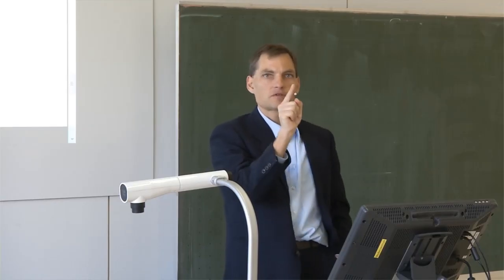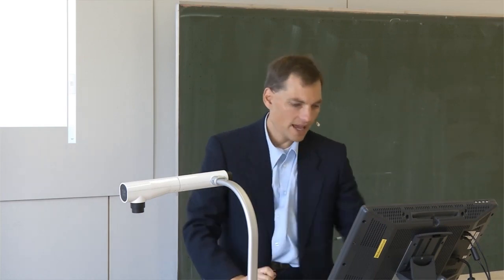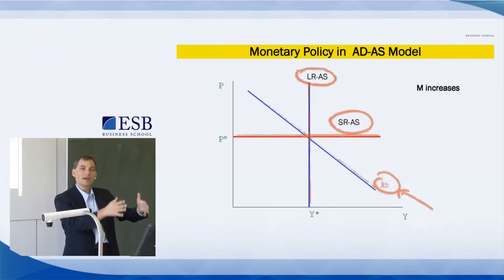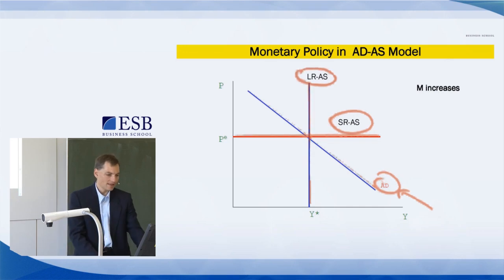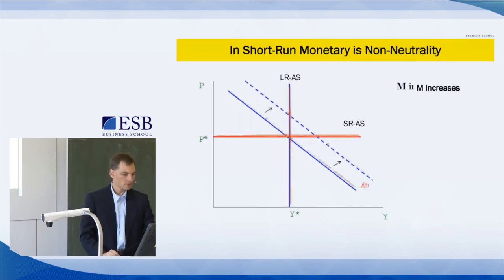If the LM curve shifts to the right, then we know the AD curve, which is coming from IS-LM, that is what I showed you a minute ago, will also shift to the right. So higher money supply shifts in the IS-LM model the LM curve to the right, and if the LM curve shifts to the right, the AD curve will shift to the right. That is what I illustrated here.